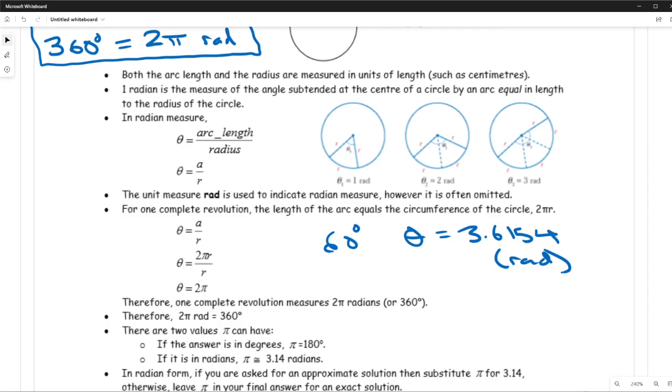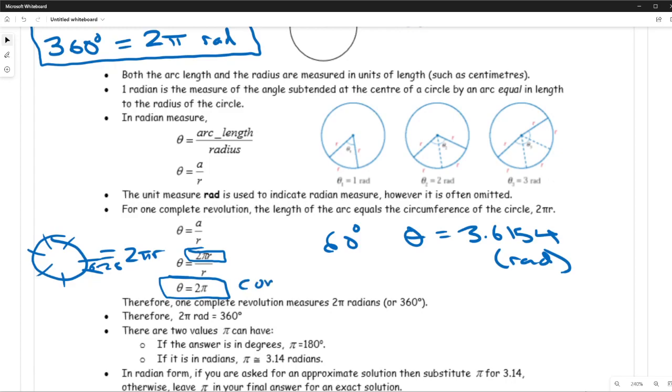Now, of course, in order to get all the way around the circle, it takes us 2 pi r in terms of the circumference of the circle. So of course you would need 1, 2, 3, 4, 5, 6, 6.28 rads to go all the way around the circle. Hence, theta equal to 2 pi is a complete revolution.